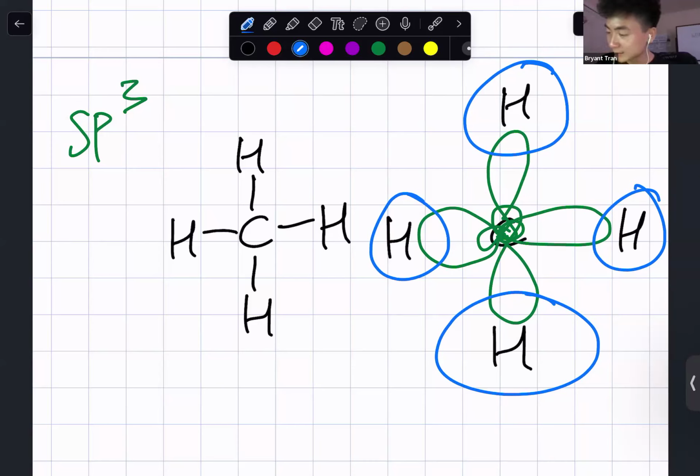Because carbon has 4 valence electrons, I'm gonna draw it out like this. 1, 2, 3, 4. Those 4 red electrons right there are the valence electrons of carbon. I'm going to draw the valence electrons of hydrogen in purple like this.